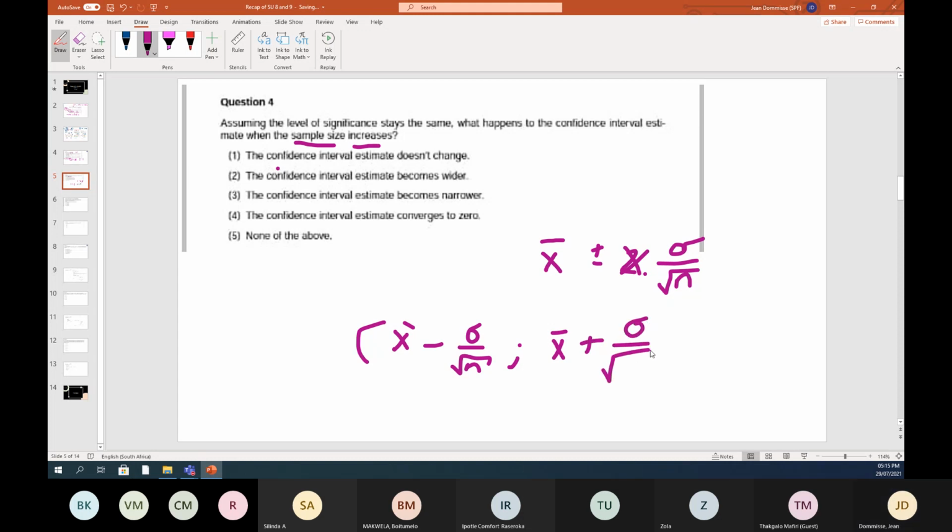So what happens to a confidence interval when sample size increases? When n increases, so if that becomes more, what happens to this standard error? If sample size increases, what happens to standard error? Anybody that wants to take a guess?